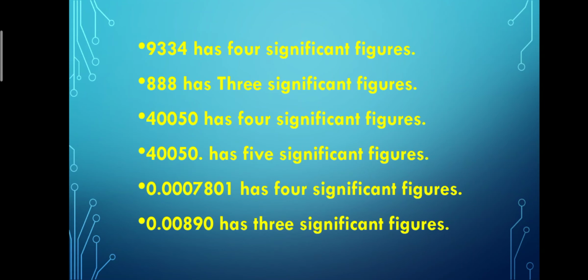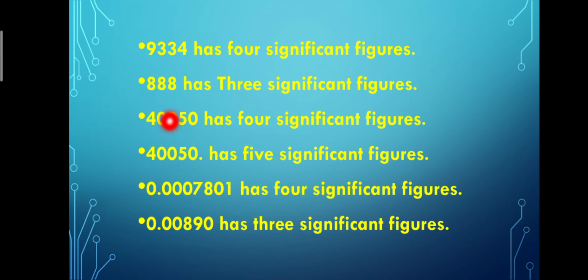Some more examples. 9334 has four significant figures because all the digits present are non-zero. 888 has three significant figures because all the digits are non-zero. 40050 has four significant figures because 4 is non-zero, these two zeros are trapped zeros and 5 is non-zero.